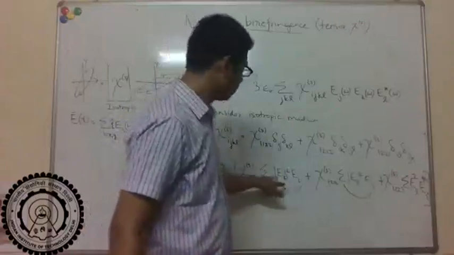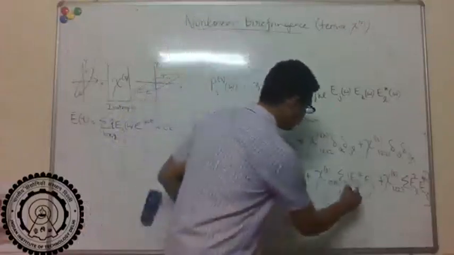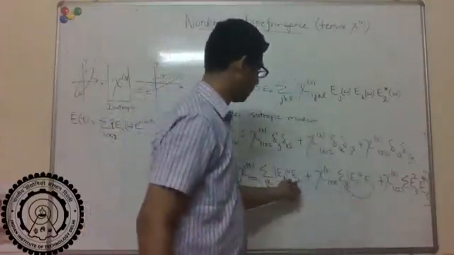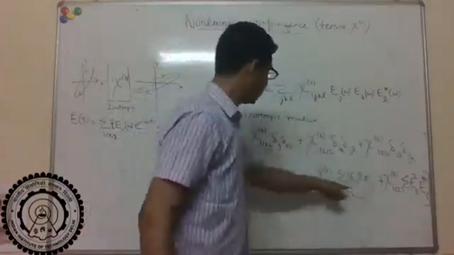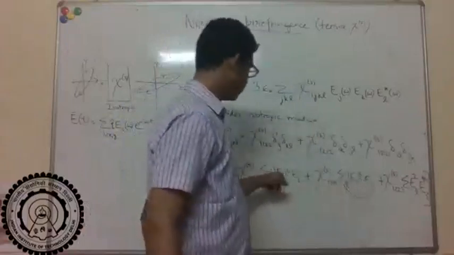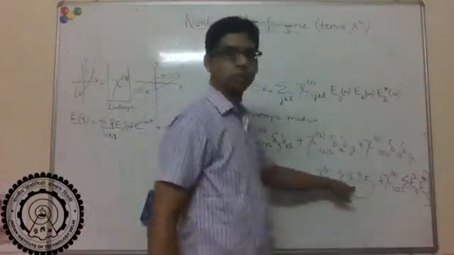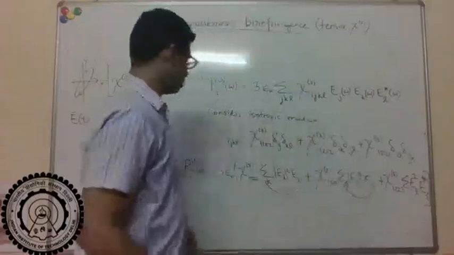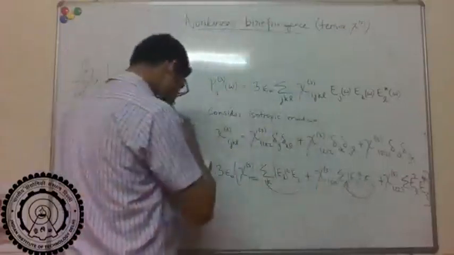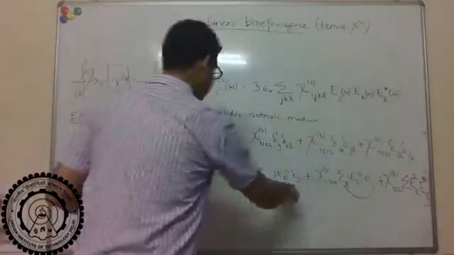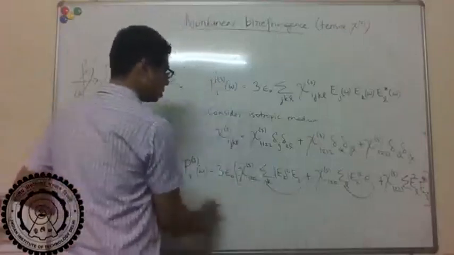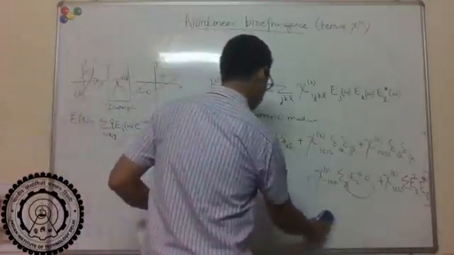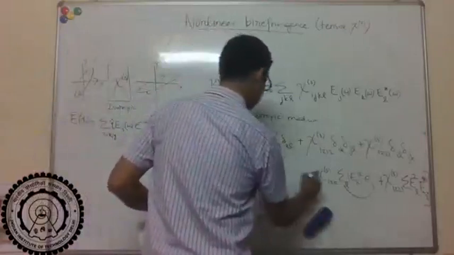I'm summing over k here, this is summing over l, but both are just summing over the indices, and I'm getting mod E square Ei. So these two are actually the same, I just changed the dummy index from k to l. So I can combine these two and write this as basically that.